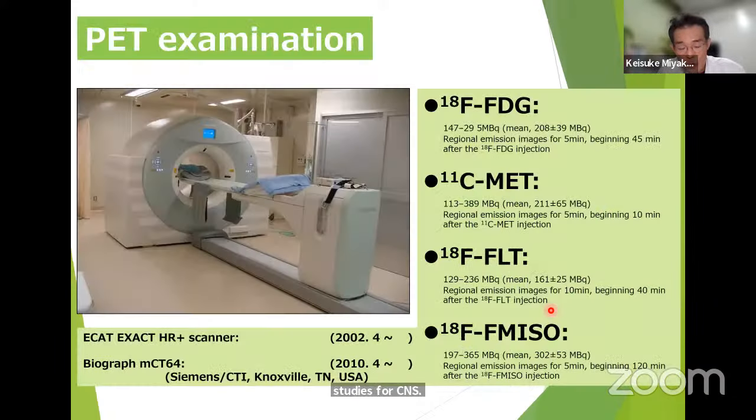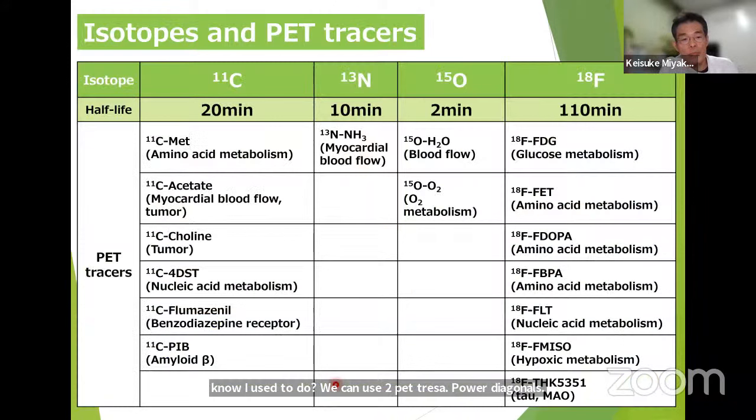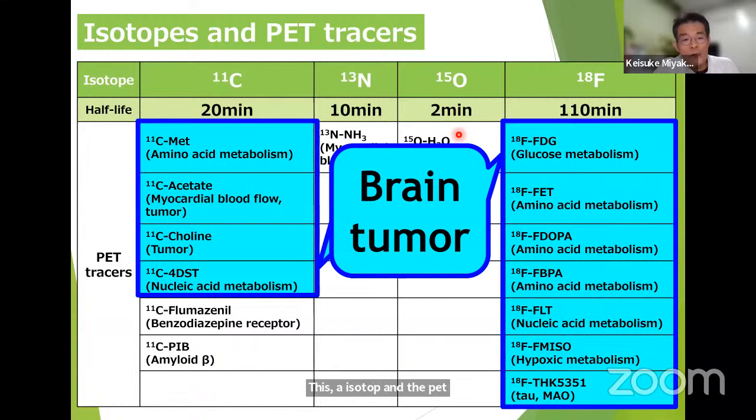In our institute, we can use two PET scanners for diagnosing CNS tumors. This table shows isotopes and PET tracers. In the world, many types of PET tracers are used for diagnosing brain tumors.